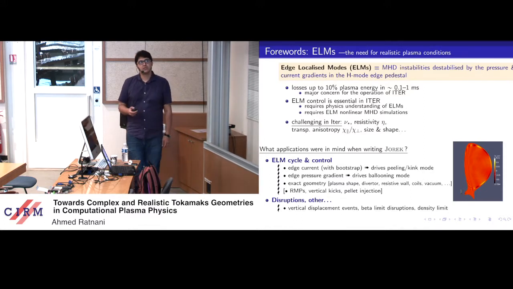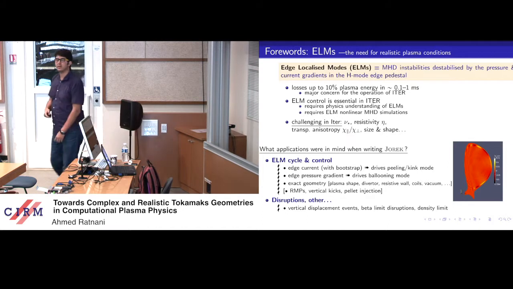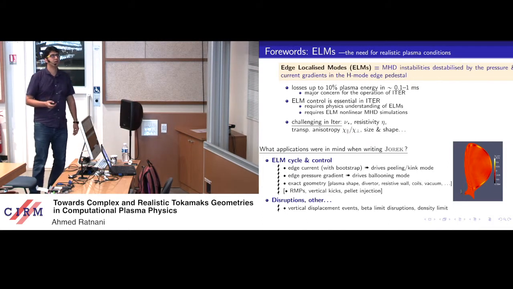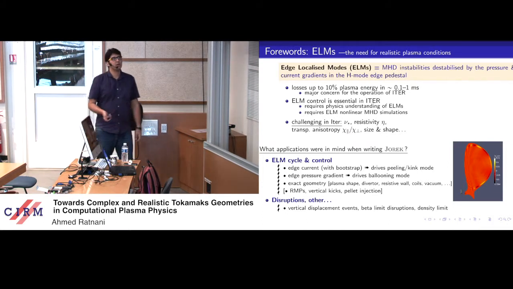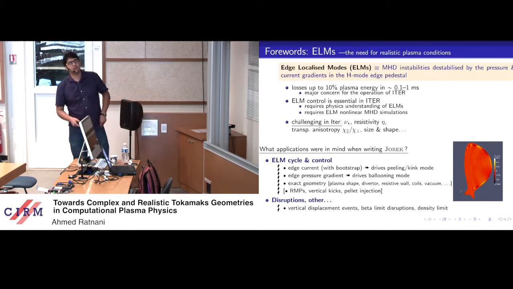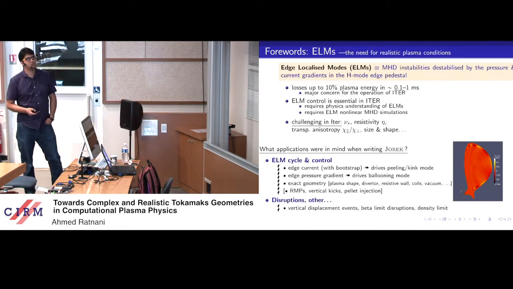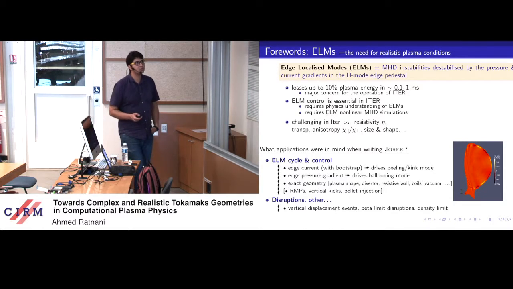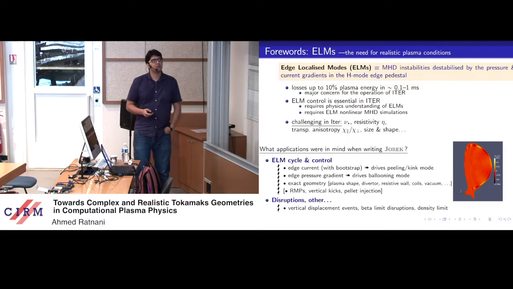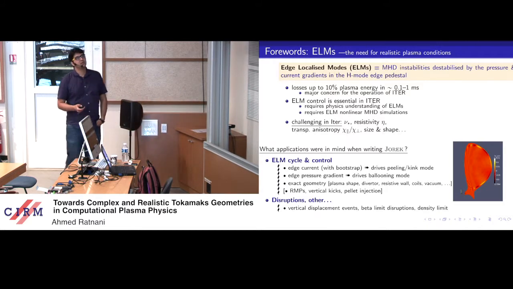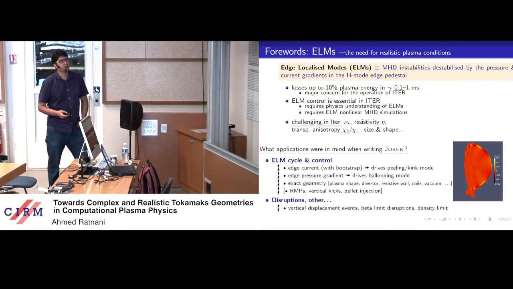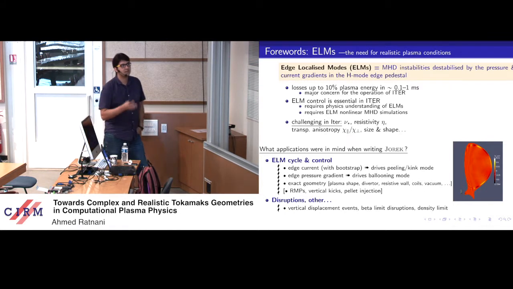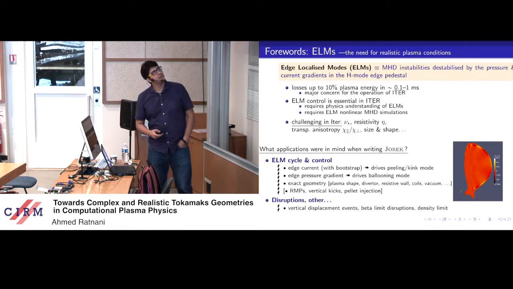So there are a lot of challenging things in ITER, like the high anisotropy, the geometry also. And also there are a lot of computer science issues. So Jorek was written in order to make simulations of ELMs, of ballooning modes, of disruptions, like this vertical displacement of the plasma.